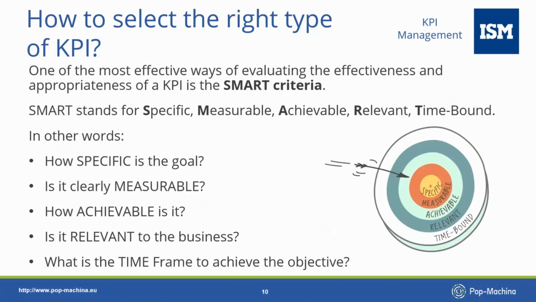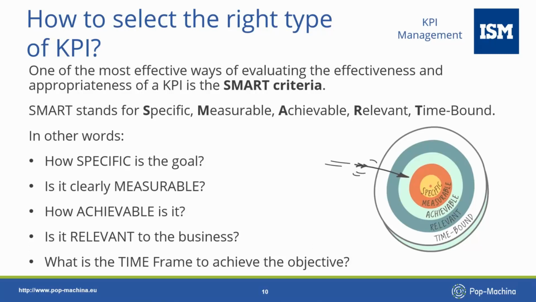So, one of the most effective ways of evaluating the effectiveness and appropriateness of KPIs is the SMART criteria. It is a very simple and understandable way to show how we could or need to choose the right KPIs.